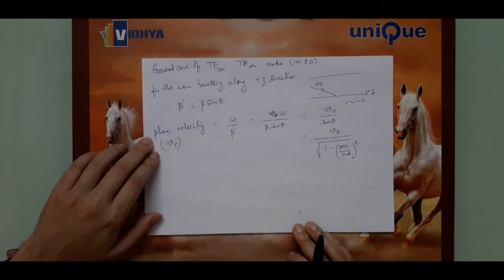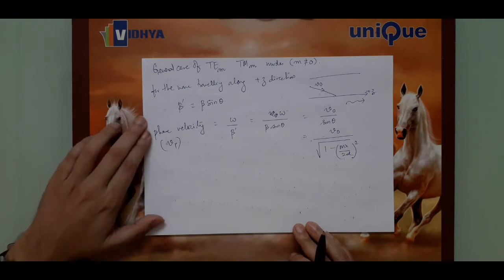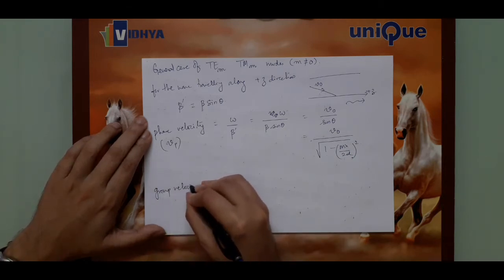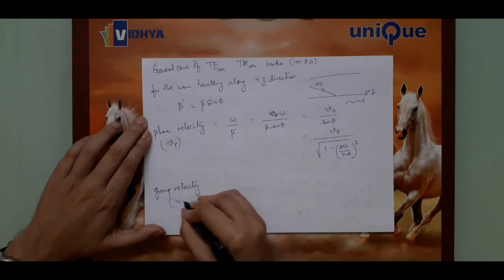So what about the group velocity? That is Vg.